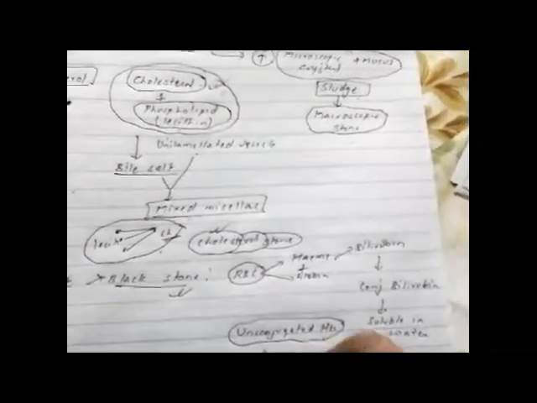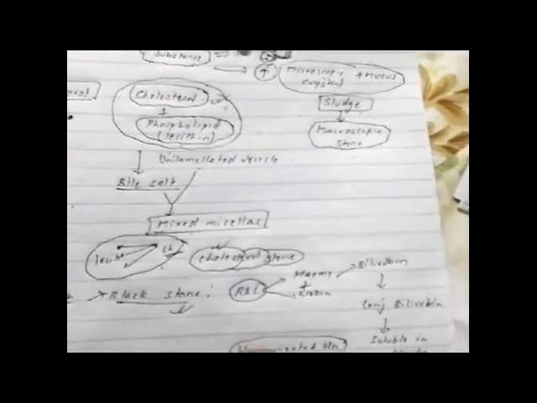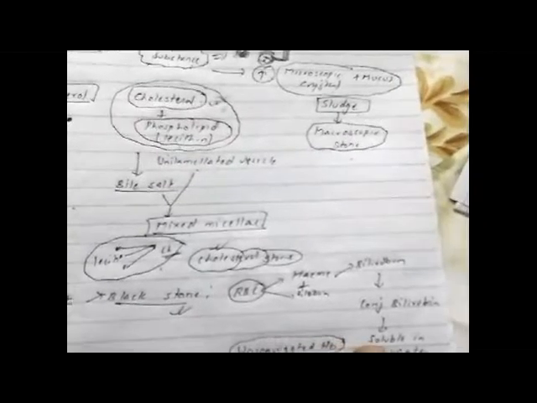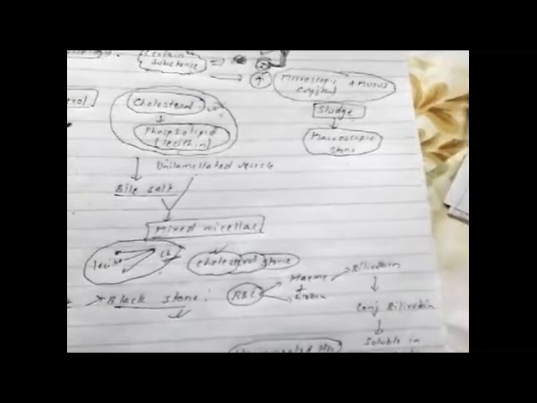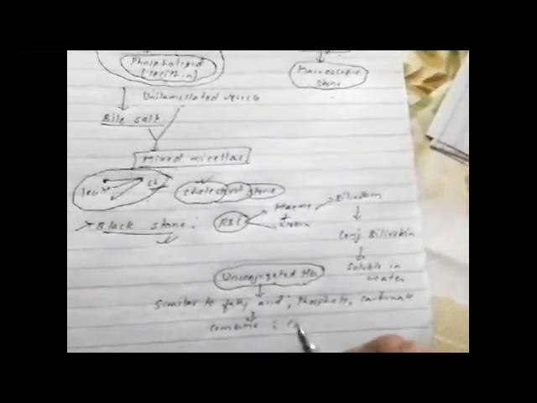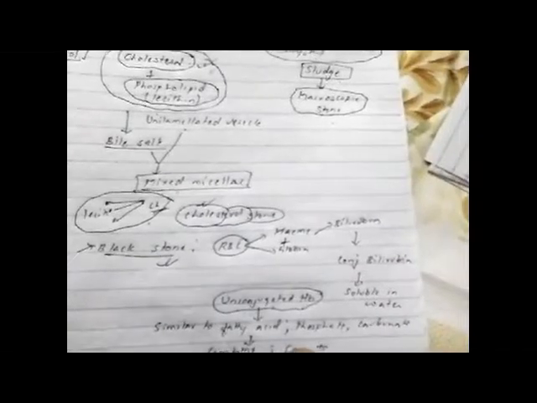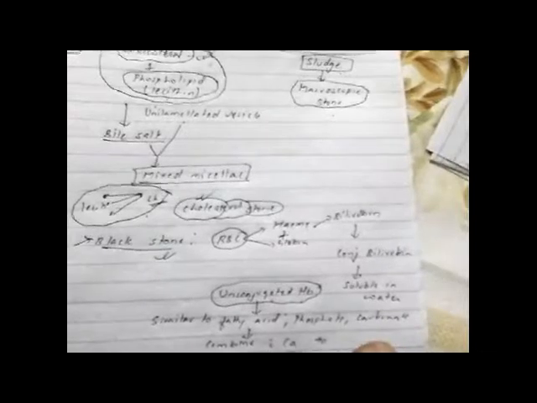Black stone is formed mainly from unconjugated bilirubin, along with fatty acid, phosphate, and carbonate. These combine with calcium to form calcium bilirubinate.